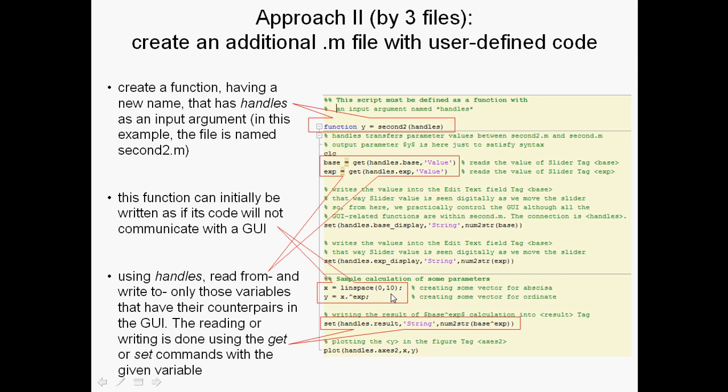So we pretty much write a simple MATLAB code as it's shown here, and using handles parameter we adjust those lines that have to communicate with the GUI components. So if we have to read the value of the GUI component, we use the get function. If we want to set the value of the GUI component, the set function will be used here.